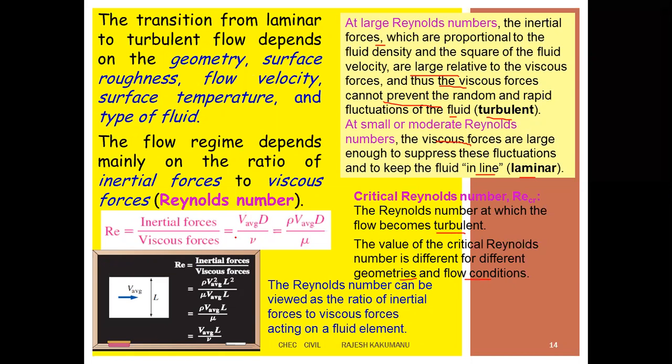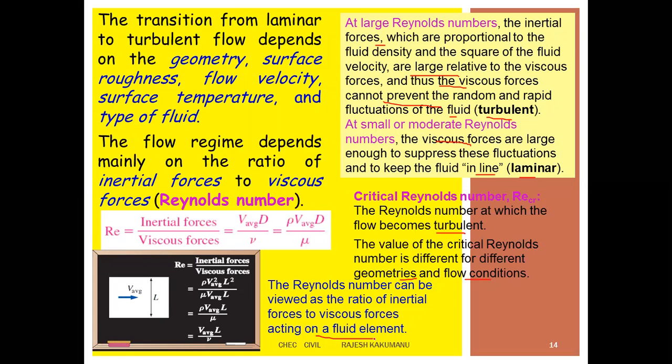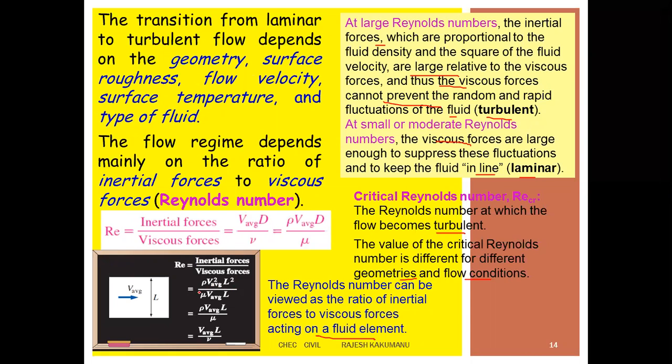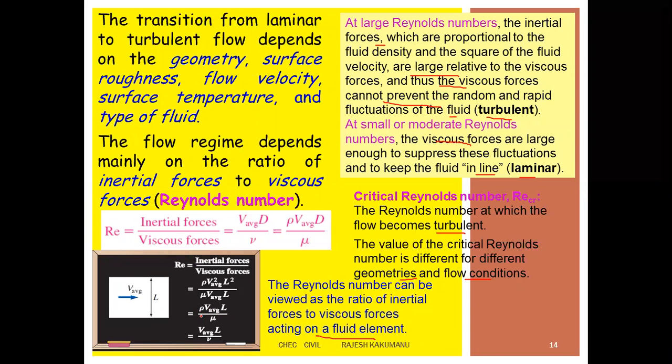Now if you see, the Reynolds number can be viewed as a ratio of inertial forces to the viscous forces acting on a fluid element. So Re is equal to inertial forces by viscous forces, that is equal to rho into V square average into L square divided by viscous force mu into V average into L. That implies rho into V average L divided by mu.